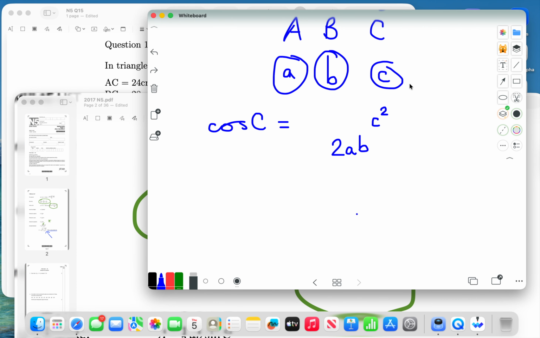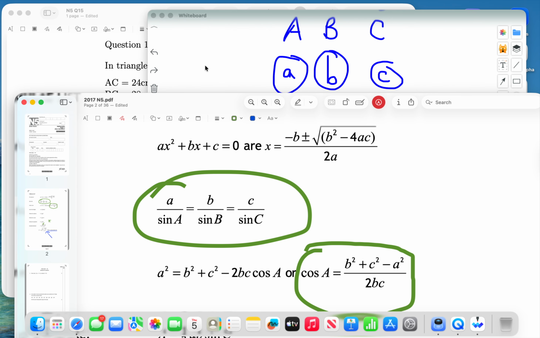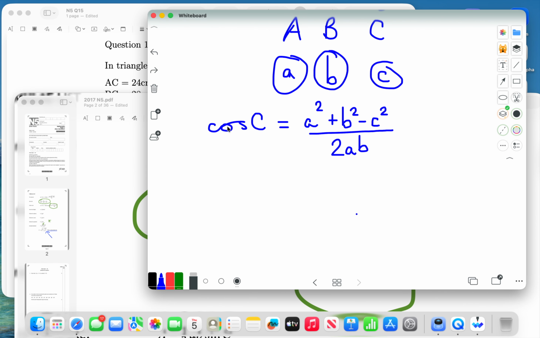Then it would be A squared plus B squared minus C squared. So the idea is that the C cannot possibly be on the denominator because it's the c on the left hand side, and it's minus c squared instead of minus a squared. Now that does cause a lot of confusion, and many pupils get this wrong.